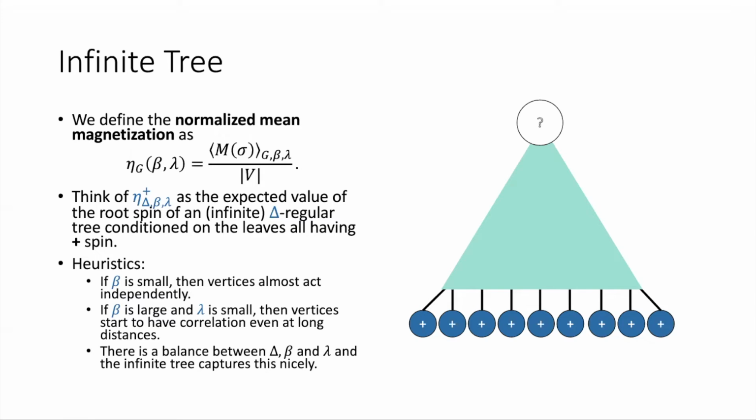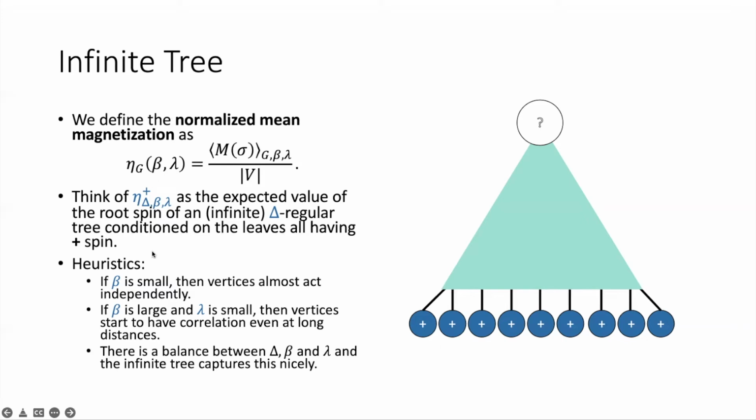So we can define the normalized mean magnetization. Basically, here these brackets just mean the expected magnetization, and then divided out by the V. This gives us a number between -1 and 1 instead of between -n and n when we talk about the magnetization of any given sigma, any given bisection or cut.